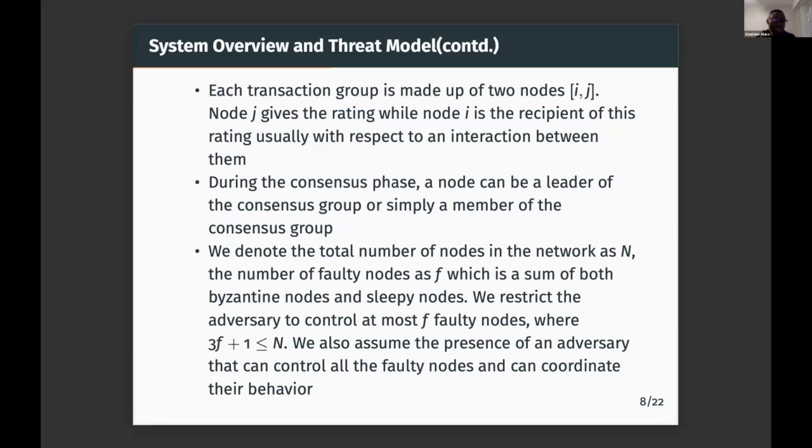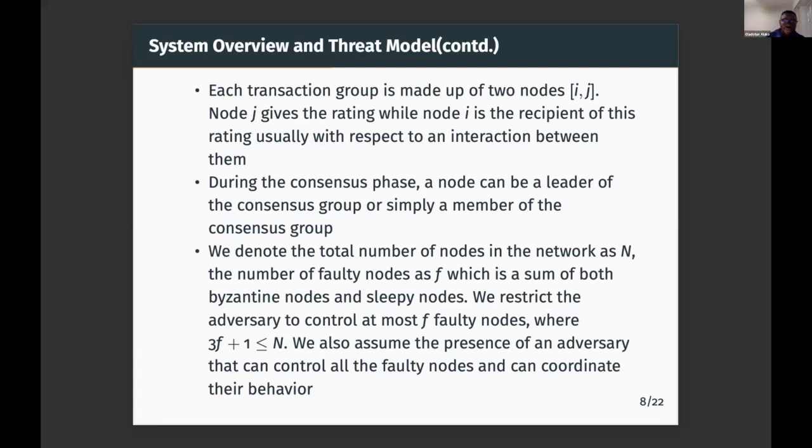The first is the Byzantine node, which is a node that is acting in a way that is counterintuitive to the entire goal of the system. And the second type of faulty node is a sleepy node, which is any type of node that is experiencing some difficulty, maybe some network difficulty, in participating in the entire network.